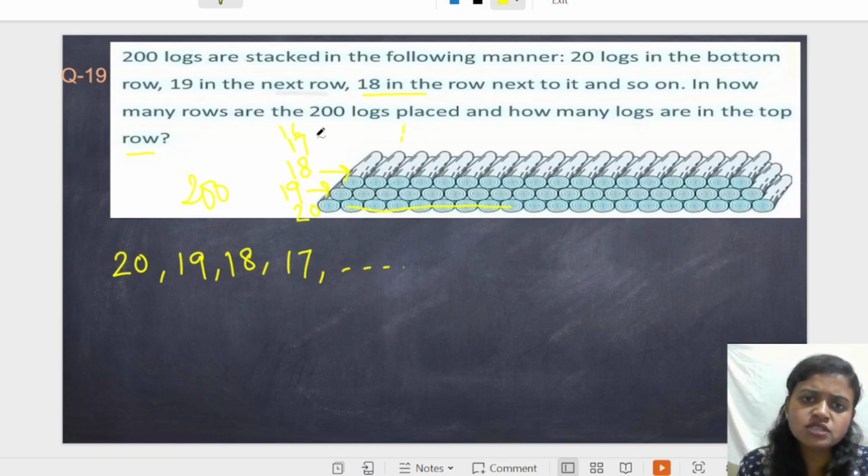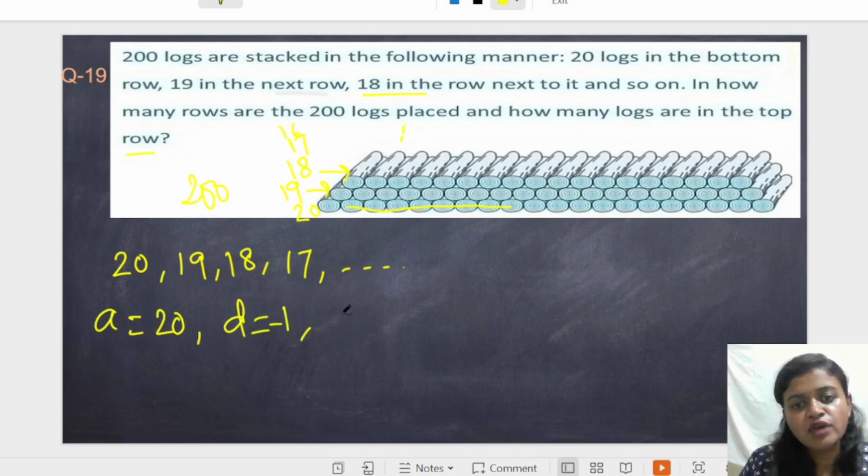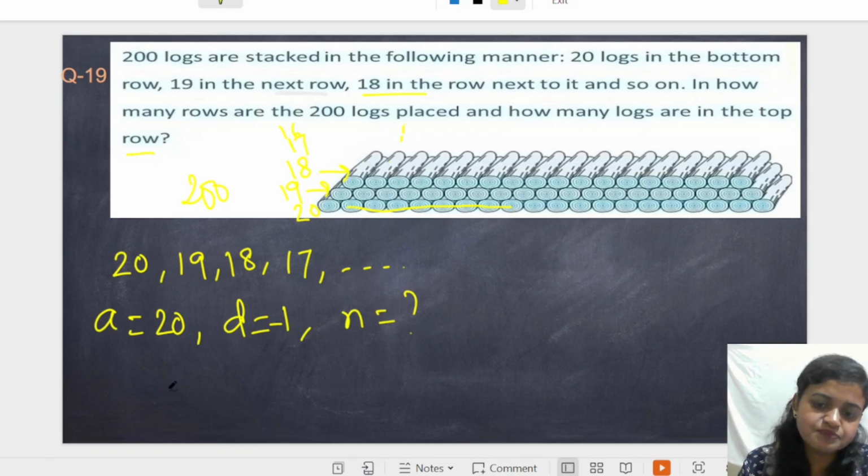In how many rows are these 200 logs arranged, and how many logs are in the top row? So here a equals 20 and d equals minus 1. We have to find the value of n, the number of rows. Clear?